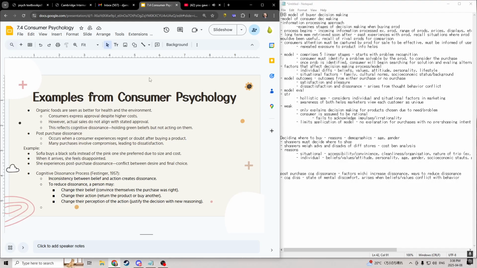Organic foods are seen as better for healthy environment. Consumers express approval despite higher costs. However, actual sales do not align with stated approval. This reflects cognitive dissonance, holding green beliefs but not acting on them. Example, buying McDonald's when you wanna be healthy, or buying non-eco-friendly stuff.